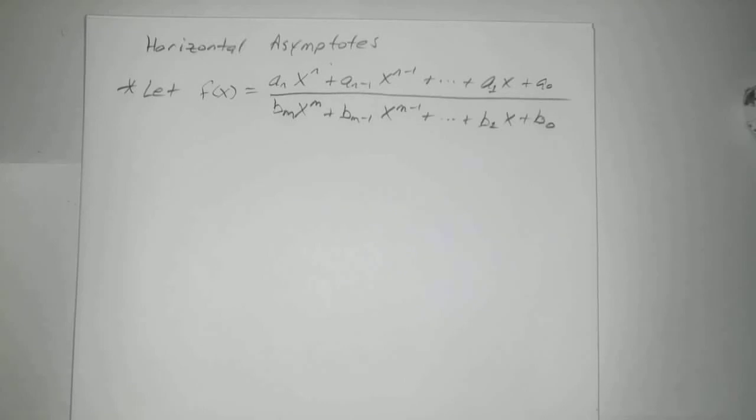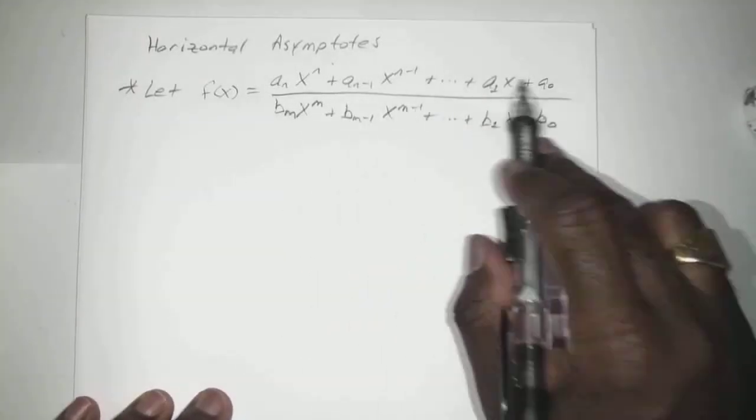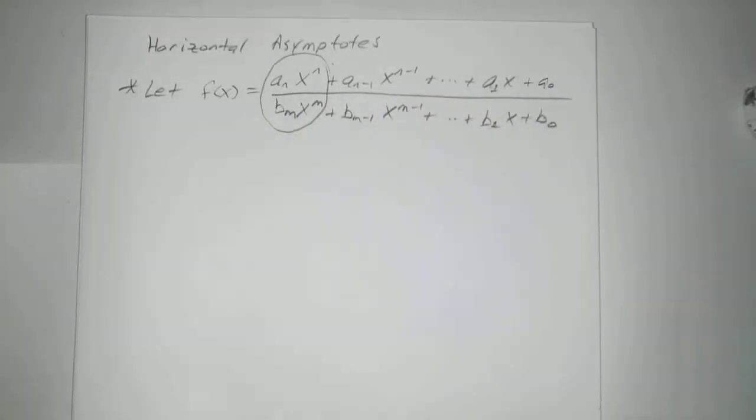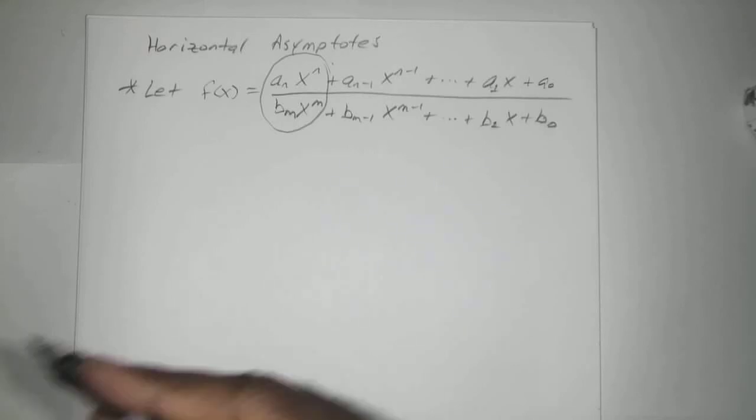So we have all of our coefficients and exponents. The only thing with a horizontal asymptote is that you ignore everything except your lead coefficient and lead exponent. Those are the only ones you'll worry about.